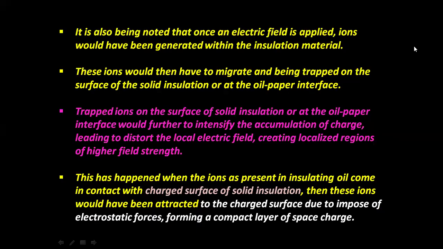This happens when the ions present in insulating oil come in contact with the charged surface of solid insulation. Then these ions would be attracted to the charged surface due to electrostatic forces, forming a compact layer of space charge.